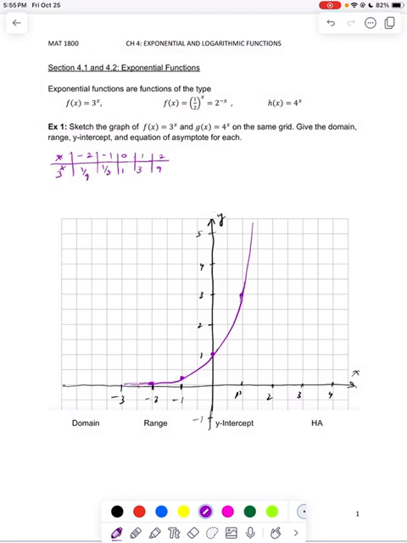If you are looking at the cube root, you should be looking at 0, 1, and 8, because the cube root of 8 is 2, and the cube root will have negative values as well. So you have to figure out those values. And then here, this is what I'm calling 3 to the x.